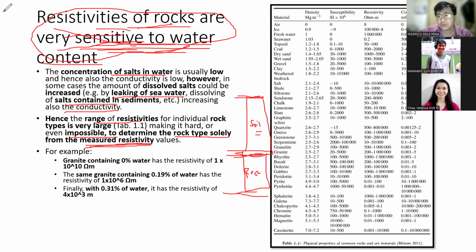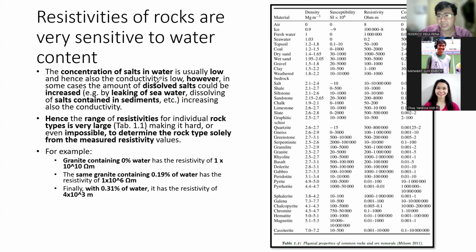Sometimes we combine two different geophysical methods in order to constrain the rock or soil types. But local stratigraphy is always very important in geophysics. It's usually the easiest way to constrain your interpretation.